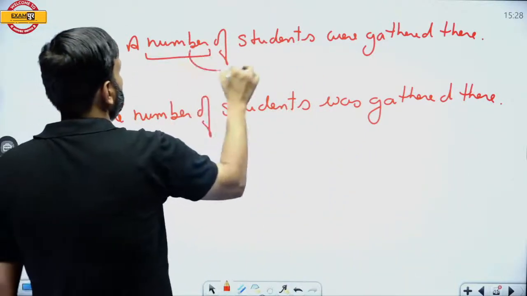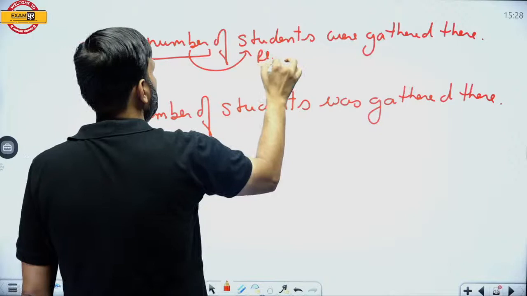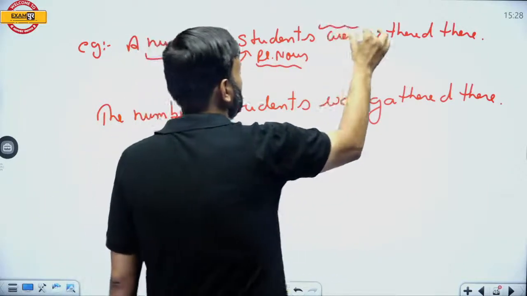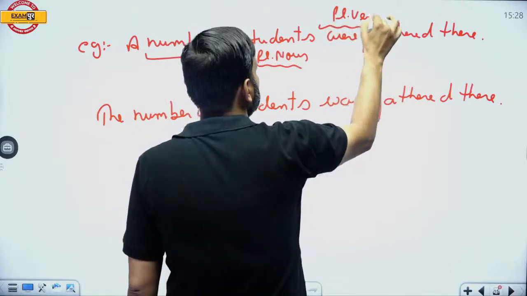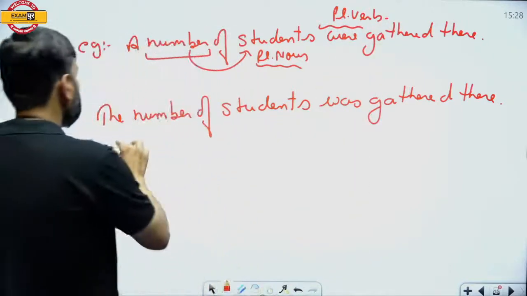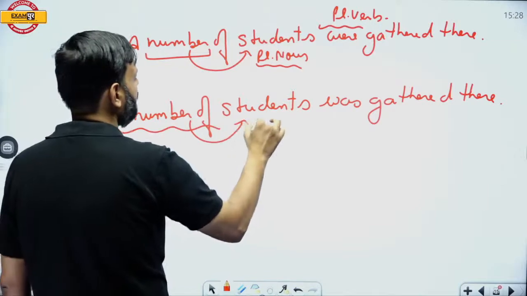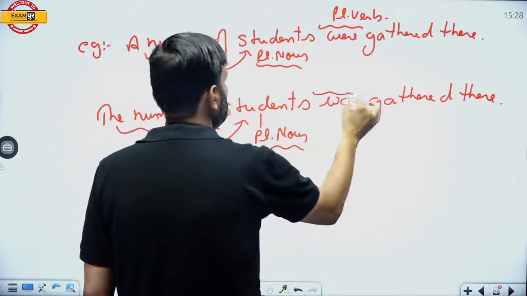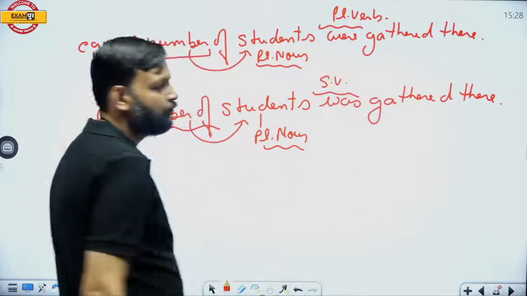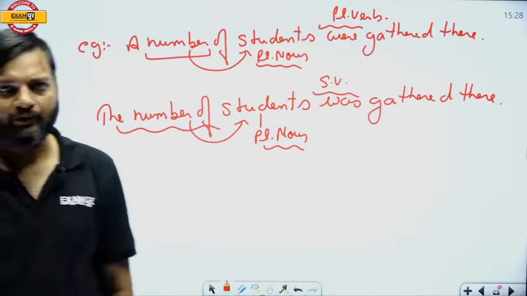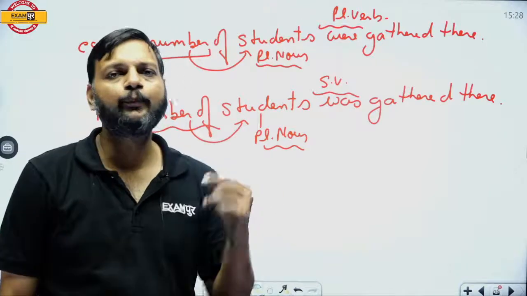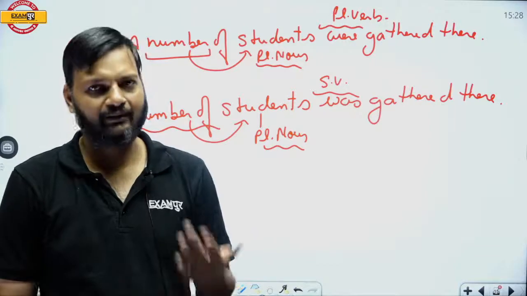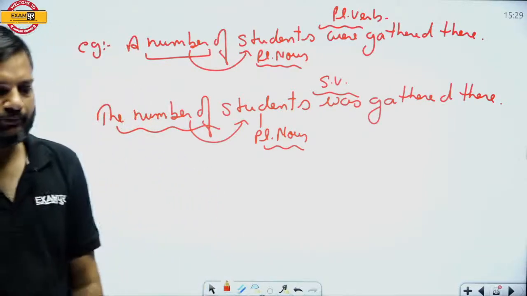So after a number of we have a plural noun and a plural verb as well, but after the number of we have a plural noun but a singular verb. So a number of and the number of both are followed by a plural noun, but a number of is followed by a plural verb and the number of is followed by a singular verb.